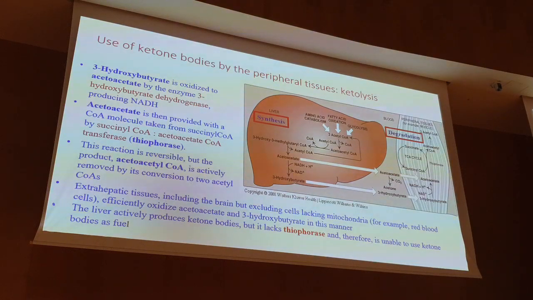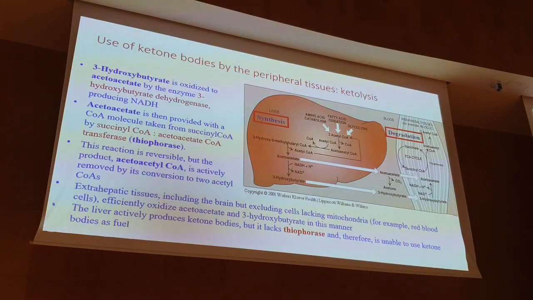The acetoacetate then gets into the cells, the beta-hydroxybutyrate gets into the cells, and now that can be converted back into acetyl-CoA using an enzyme called thiophorase. Thiophorase converts the ketone bodies back into acetyl-CoA.